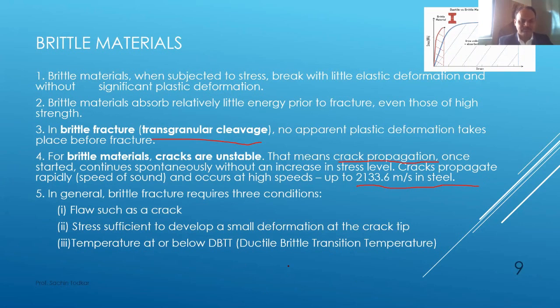In general, brittle fracture requires three conditions: a flaw, that is a crack; stress sufficient to develop small deformation; and temperature below DBTT. DBTT is nothing but ductile to brittle transition temperature. This is not in your syllabus, but you should know all these things, because as an engineer, you should know all types of cracks and crack propagation in your life.